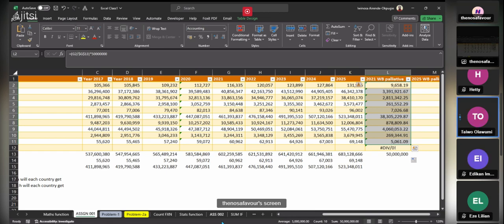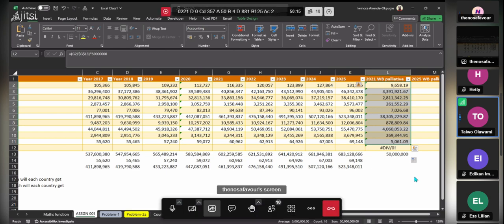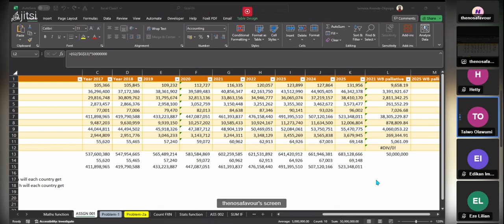Yeah, I have a question, please. Please go on. So, the way I interpreted the question you sent, you mentioned that the World Bank plans to give each country, not all the countries. So I thought each country would have 50 million, that Aruba will have 50 million, Afghanistan will have 50 million.